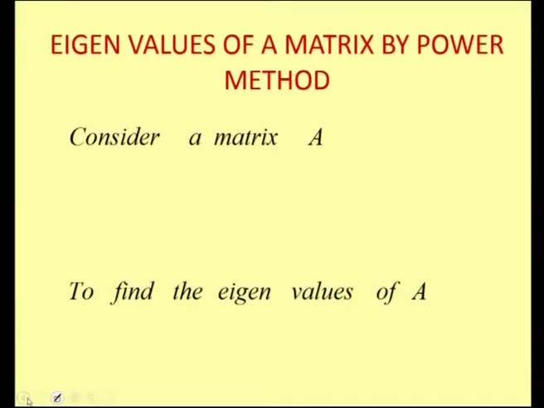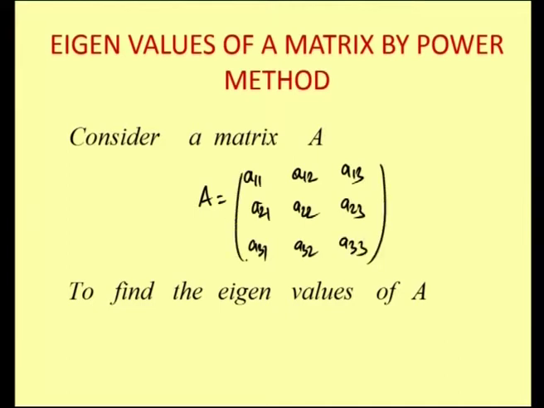Next, we shall find out the eigenvalues of a matrix, again by an iterative method. So, first consider the matrix A is equal to A11, A12, A13, A21, A22, A23, A31, A32, A33.